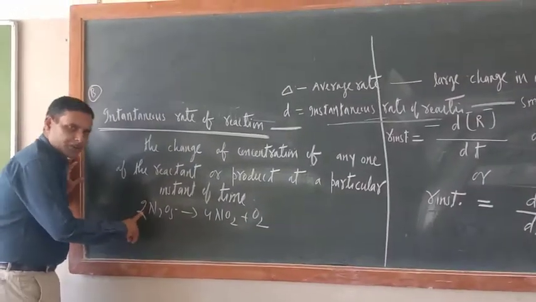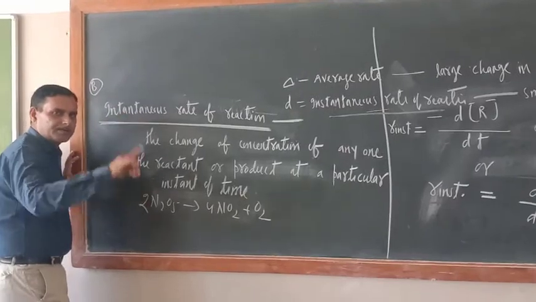I already told you the stoichiometric coefficient should be written as 1 by the coefficient.